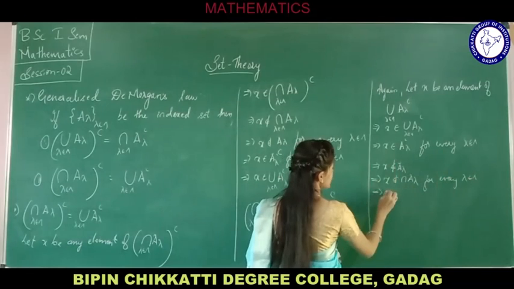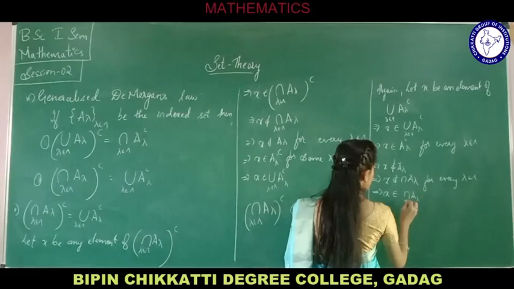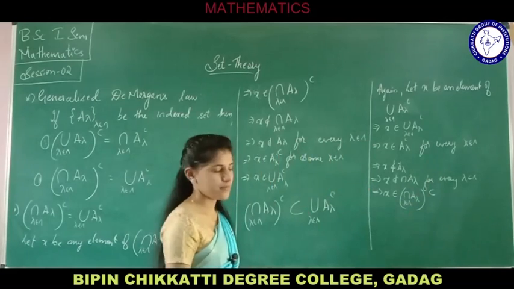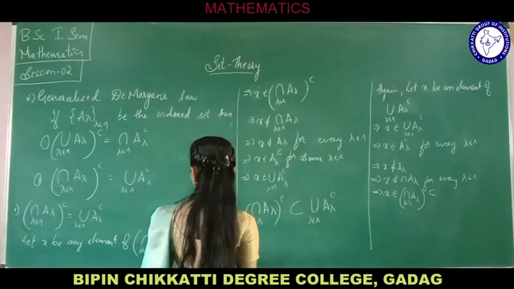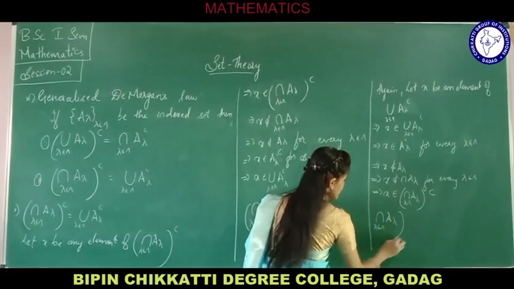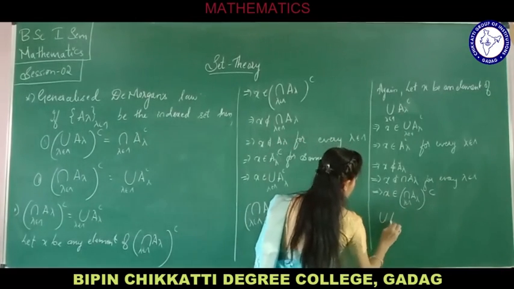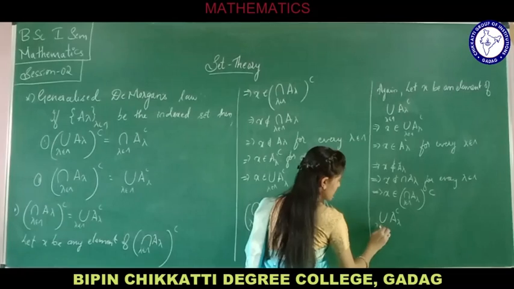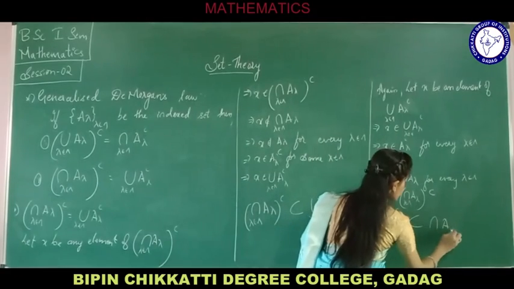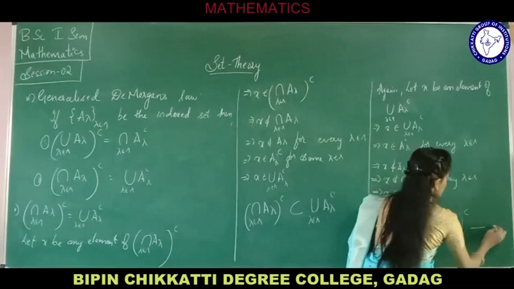This means that x is going to belong to the complement of the intersection of A lambda, where lambda belongs to the indexed family. So what we got to know is that the union of A lambda complement, where lambda belongs to this indexed family, is a subset of the complement of the intersection of A lambda, where lambda belongs to this indexed set.